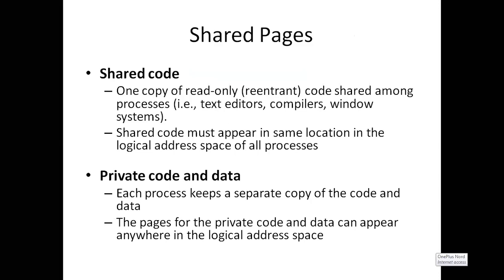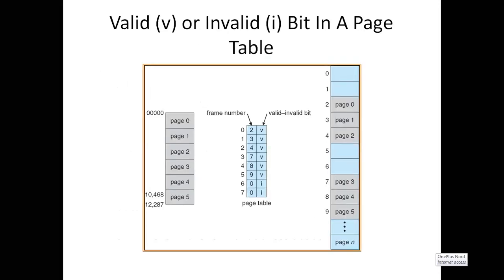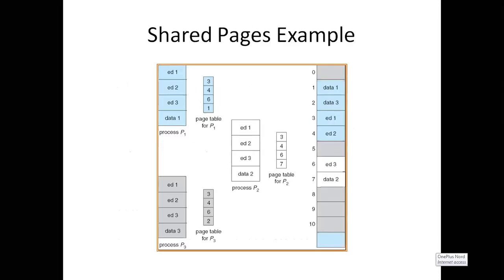Okay, private code and data. Each process keeps a separate copy of the code and data. The pages for the private code and data can appear anywhere in the logical address space. That means if we observe page 0, page 1, page 2 in the process 1, it is ED1, ED2, ED3. And if you observe the process 2, page 0 is ED1, page 2 is ED2, page 3 is ED3.